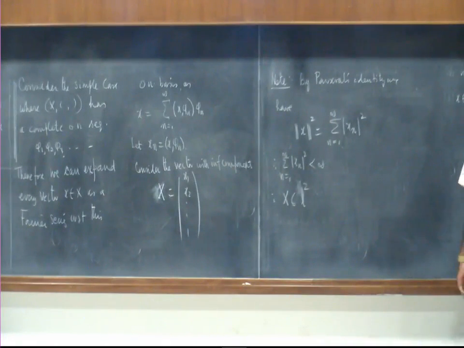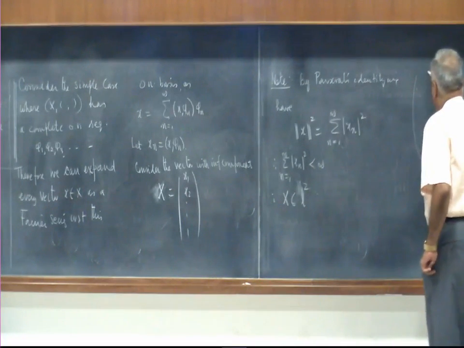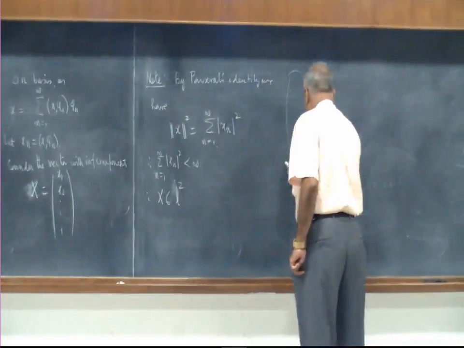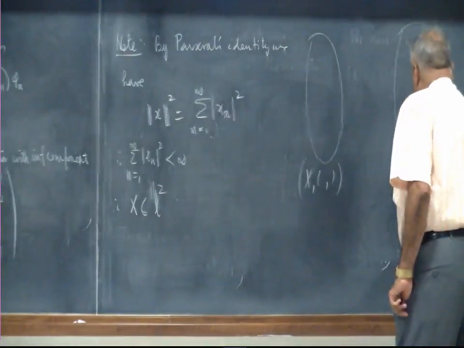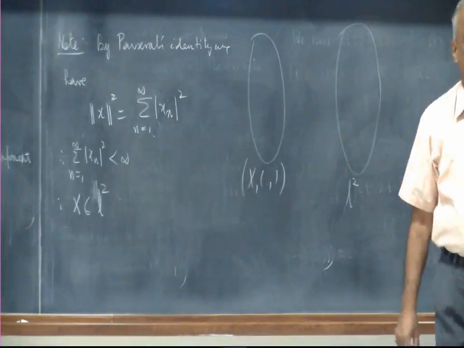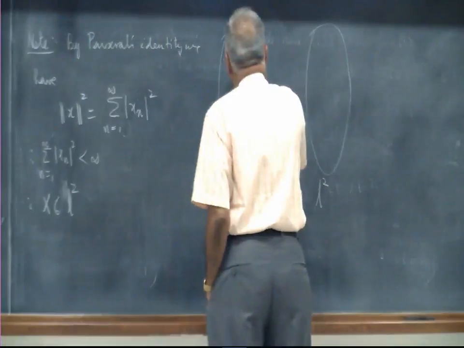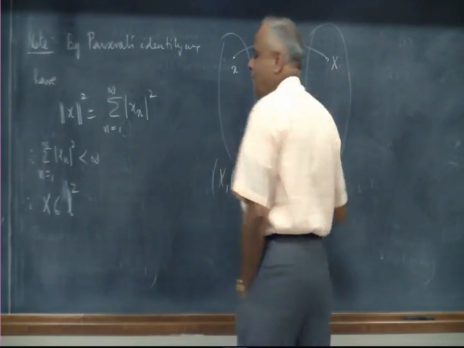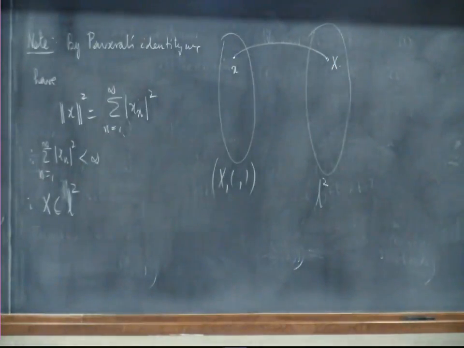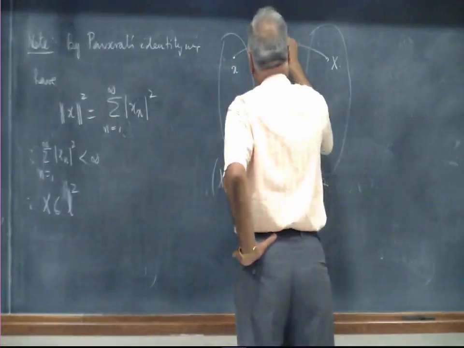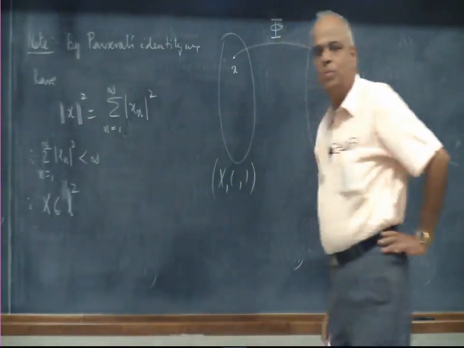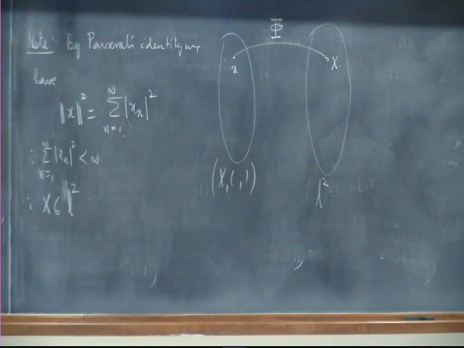Therefore, on the one hand, we have this inner product space. On the other hand, we have our very familiar standard inner product space l2. Now, with every vector x here, we have associated a vector capital X there. Let us call this transformation phi, because this identification has come through this basis phi 1, phi 2, phi n.